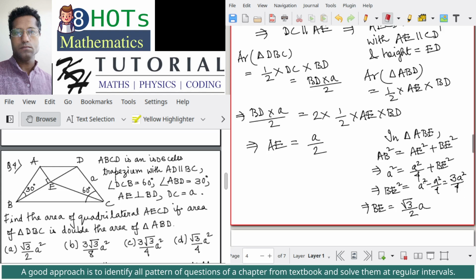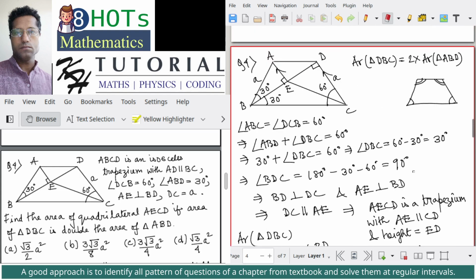B is root 3 a. Will BE be equal to ED? Is there any way that BE will be equal to ED?